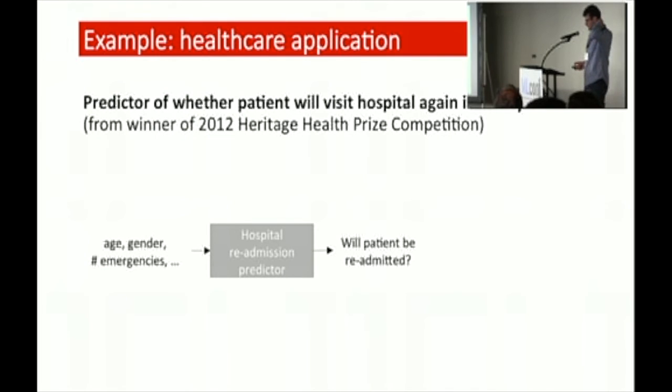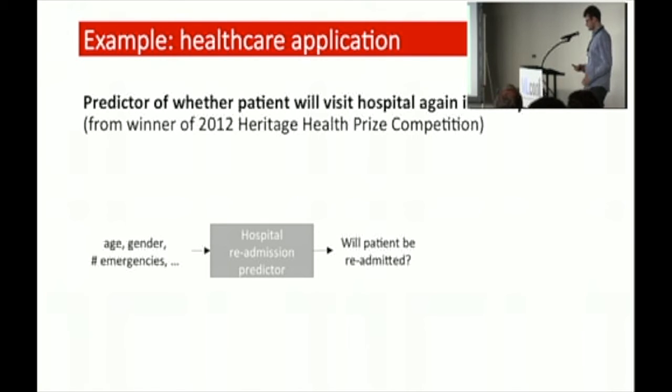So now I'm going to give a few details on an example application we considered. Here we took a healthcare predictor, which actually won a machine learning competition launched in 2012 called the Heritage Health Prize. This is essentially a boosted random forest type algorithm, I think.